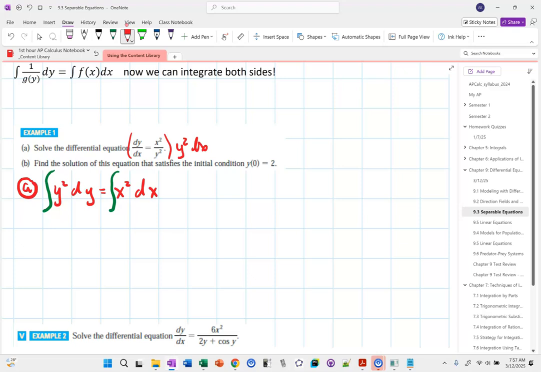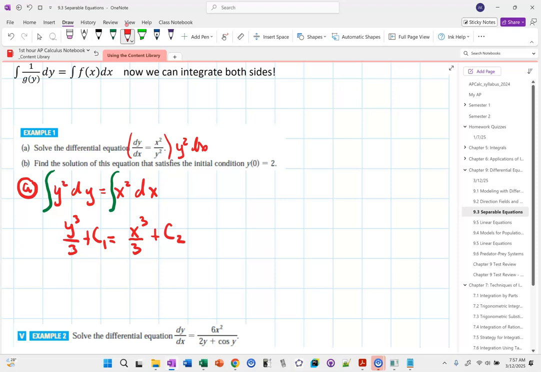The antiderivative of y squared will be y cubed over 3, and the antiderivative of x squared will obviously then just be x cubed over 3. But I've forgotten something. Each time I did the integration, I should really have a plus c.